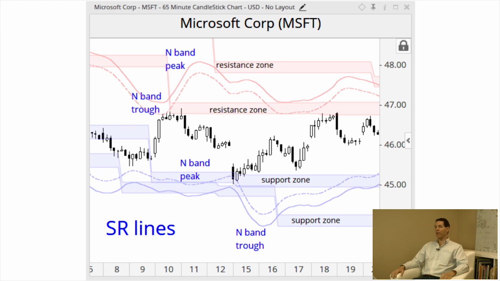If you look to the right, there is a projected pair of lines going forward. That's a resistance zone. Those two lines are plotted from the N band line and the resistance zone right beneath it. They plot directly forward.